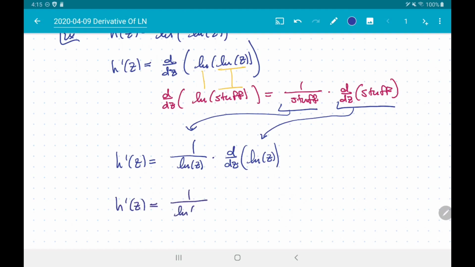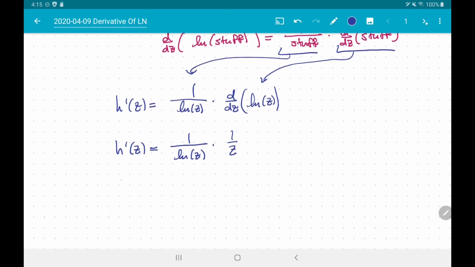Let me copy the part that we're finished with. And now the derivative of ln of z, what do you think that is? That's 1 over z. Now, just like I said, this is a little bit of a brain bender.